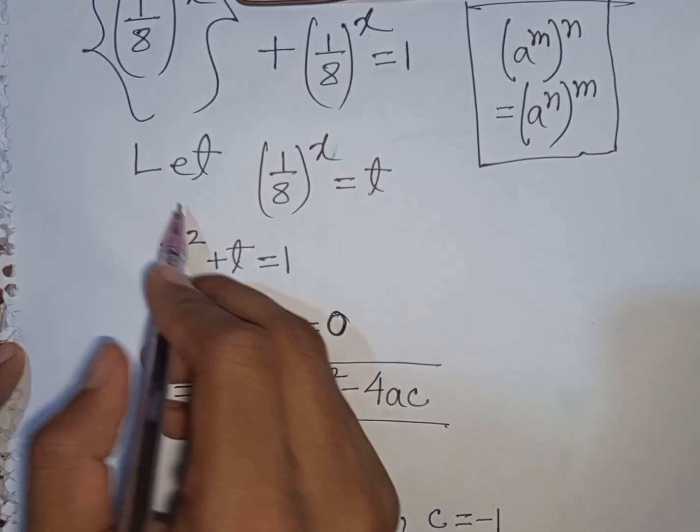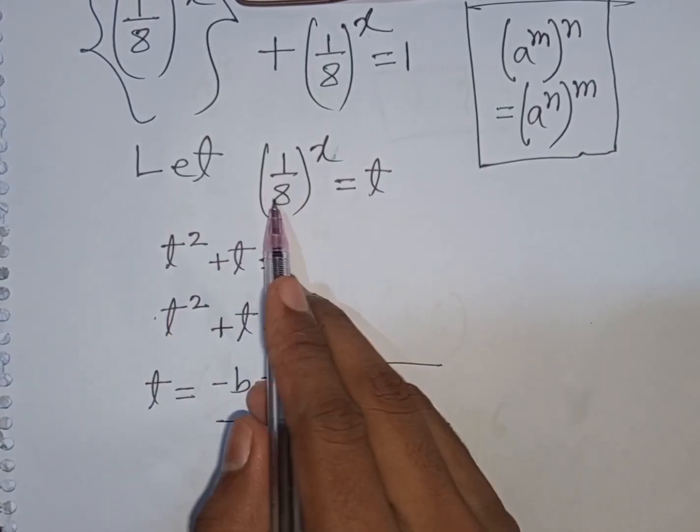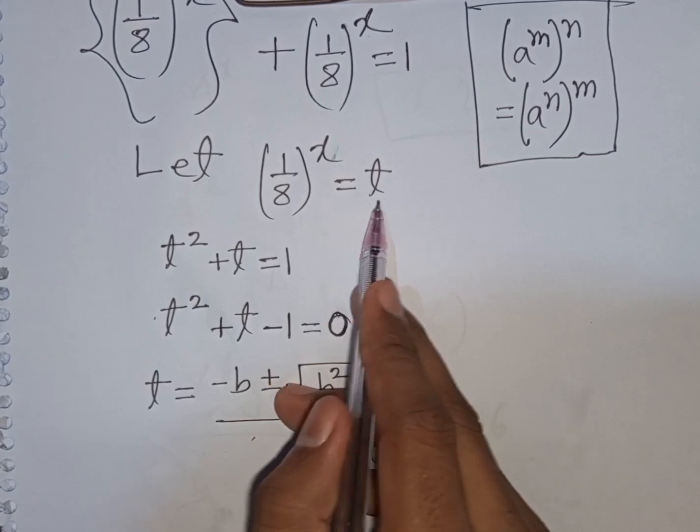Now, remember that we let (1/8)^x be substituted by t.